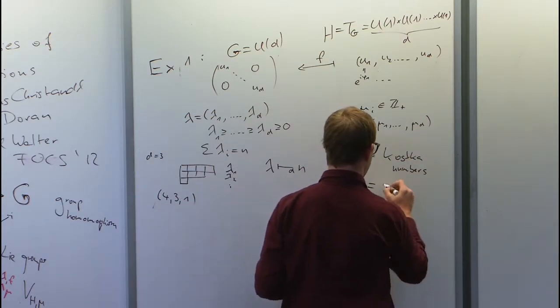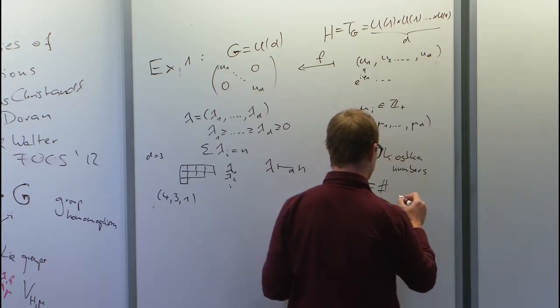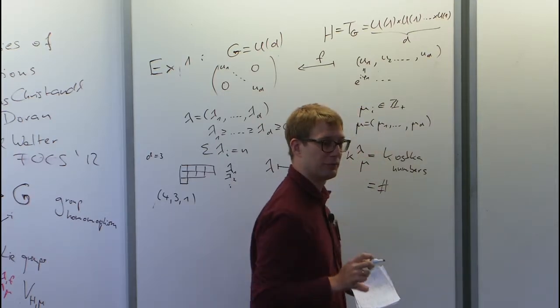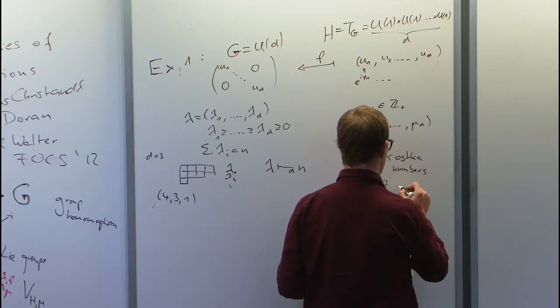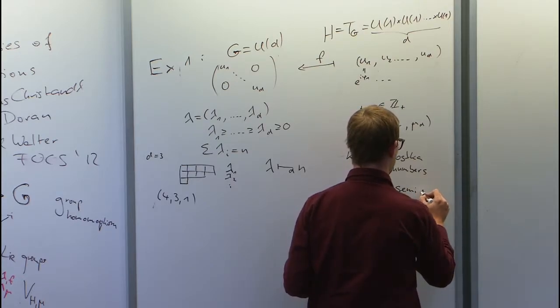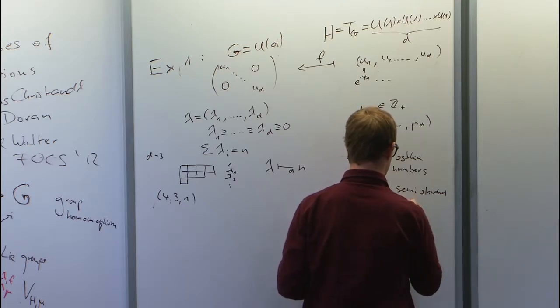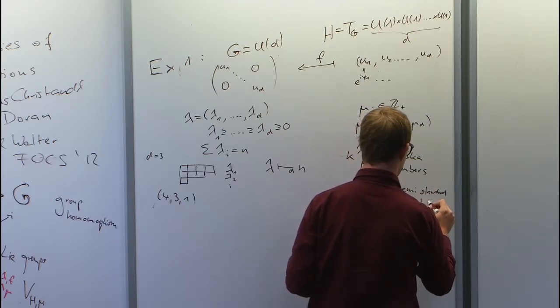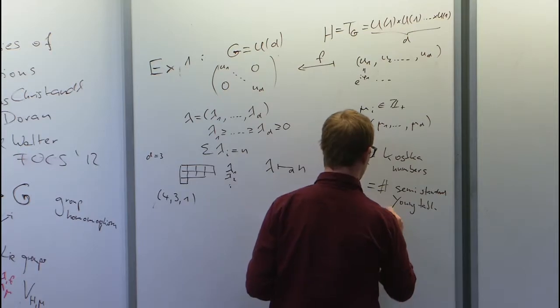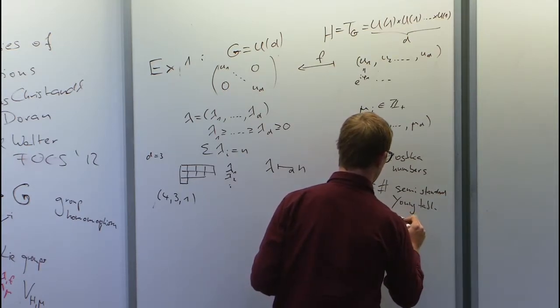And they're given by, and this you remember maybe from a boot camp from Christian's talk, the number of semi-standard Young tableaux of shape lambda and content mu.